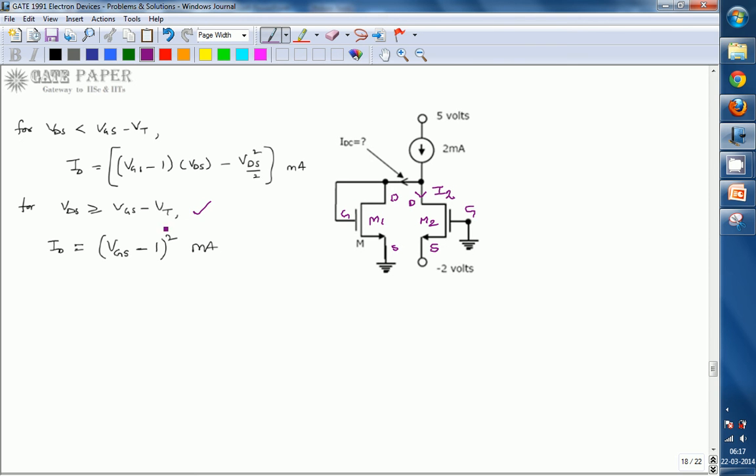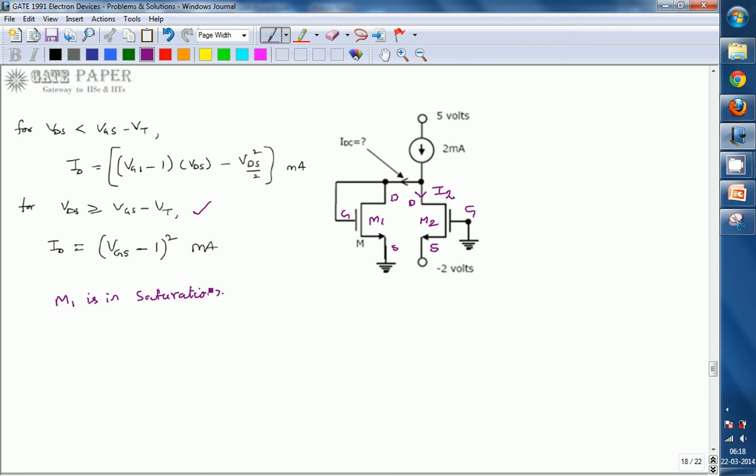Now you are checking the gate voltage minus the threshold voltage, which is definitely lesser than the gate voltage. VGS and VDS are the same, and you are comparing with something less by VT. This condition is always satisfied. So M1 is in saturation.